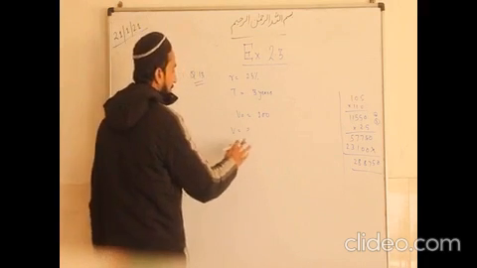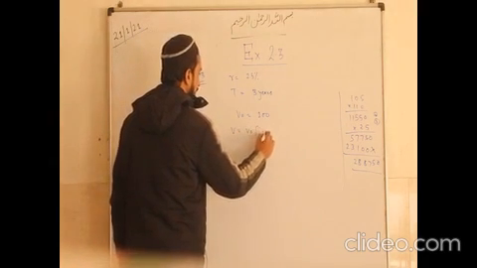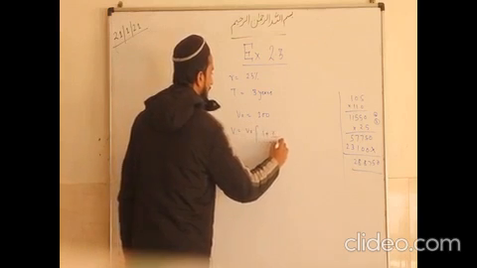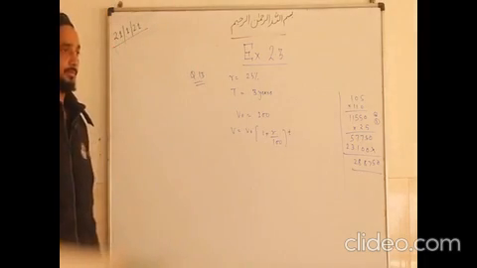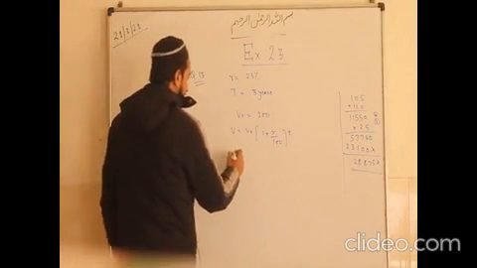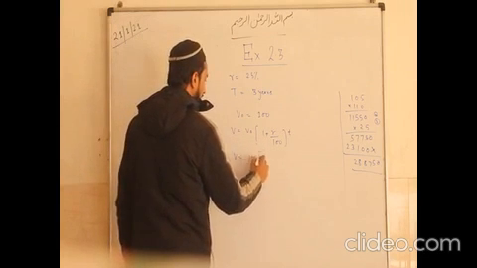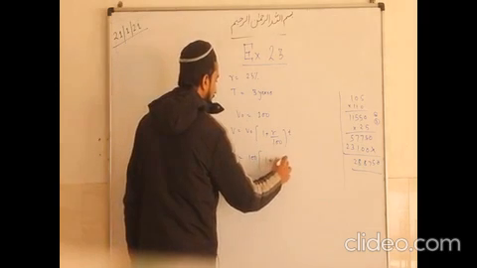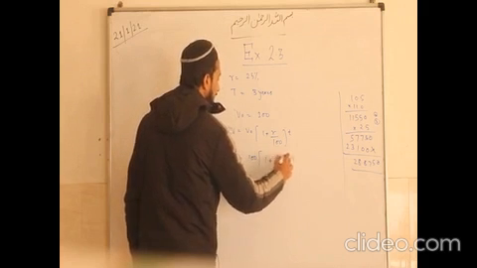V will be V naught times 1 plus R by 100, to the power T. This we have to find out. So V equals V naught, which we have taken as 100, times 1 plus 25%, and the time is 3 years.